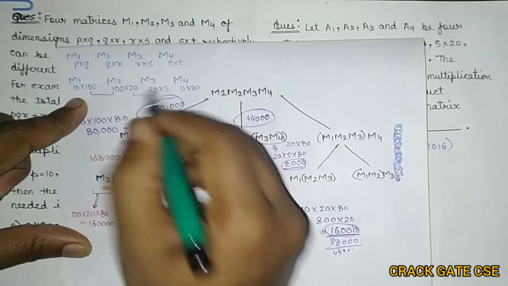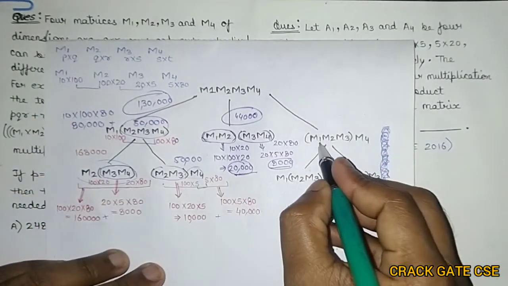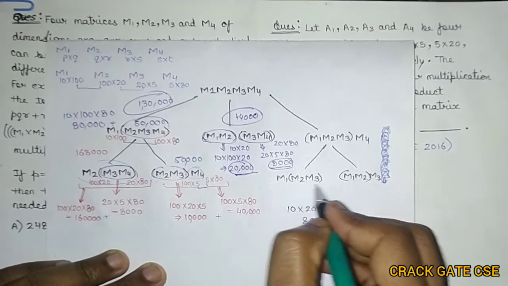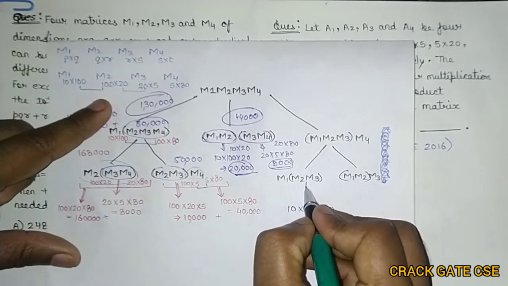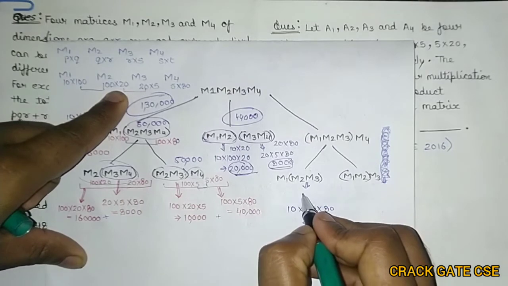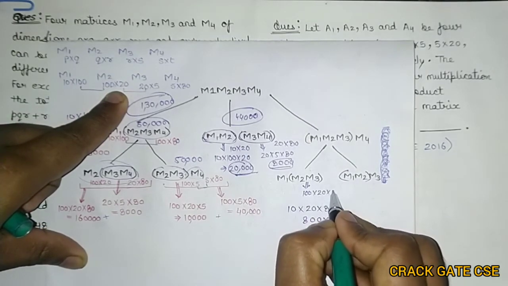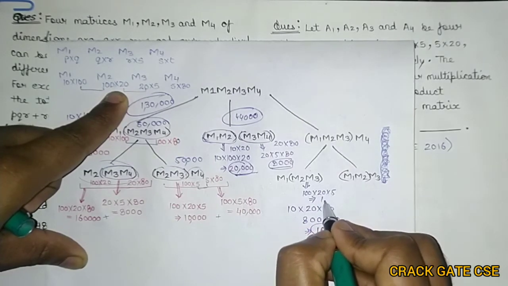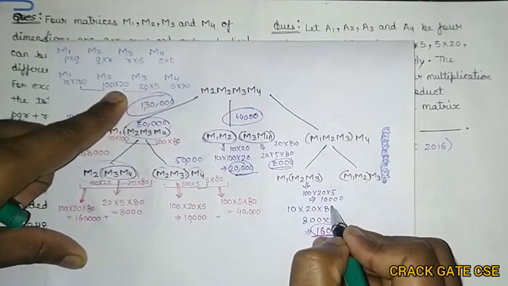44,000. Now I have to find out for this third part. So here m1, m2, m3. So expand it like this: m1, then m2, m3, same way here. So m2, m3 has to be multiplied first. If I multiply m2, m3, it will be 100 into 20 into 5, which will be equal to 10,000, right?